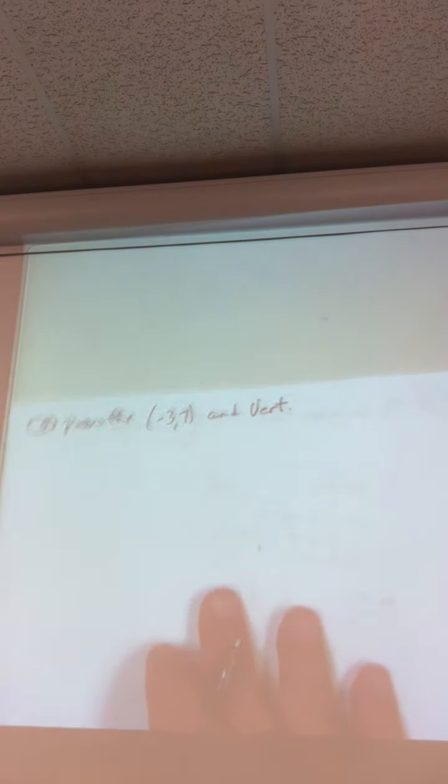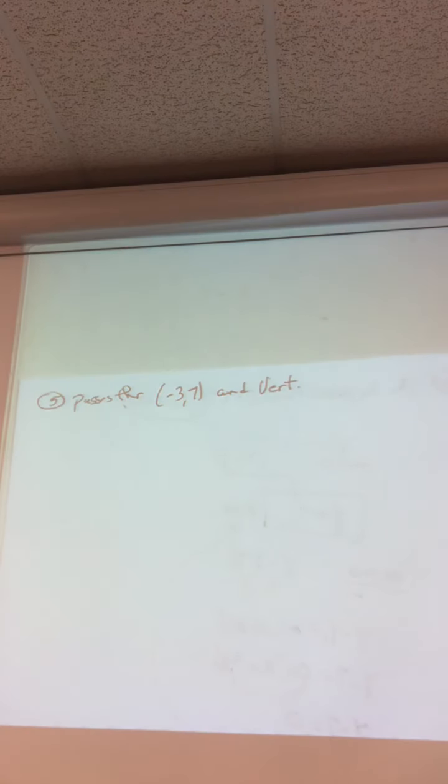Okay, now let's do another one. Let's suppose the line passes through the point, negative 3, 7. And suppose the line now is vertical. Okay, so let's see.